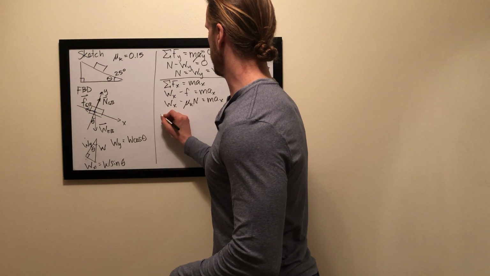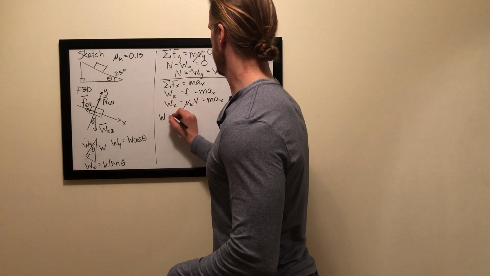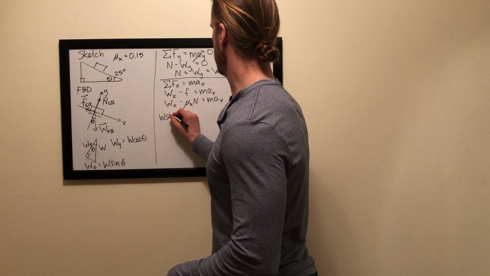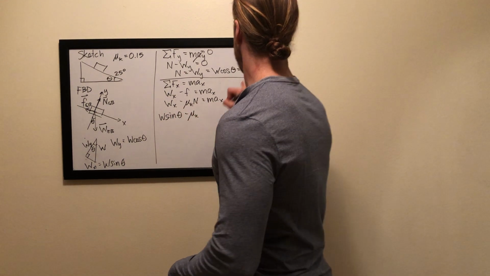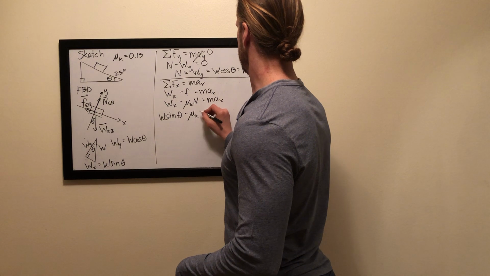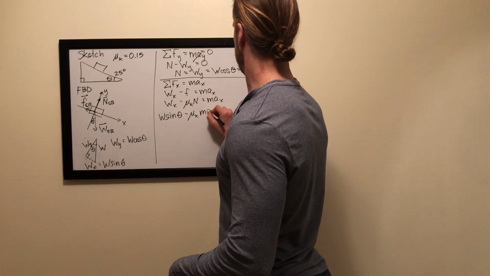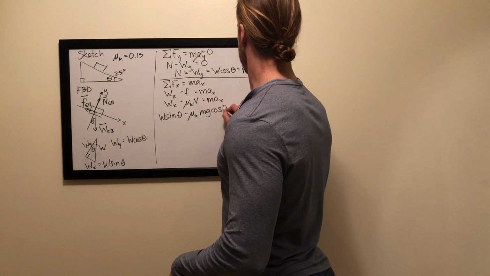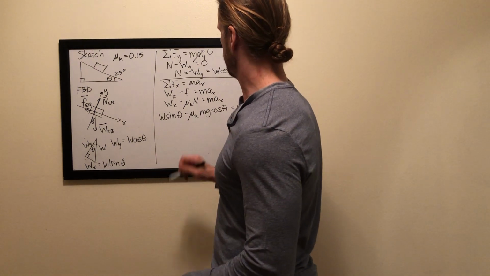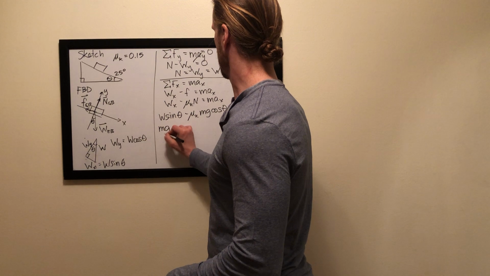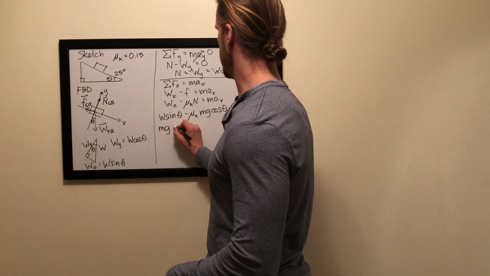The x component of gravity is w sine theta, n is mg cosine theta. I'll also replace that w with an mg.